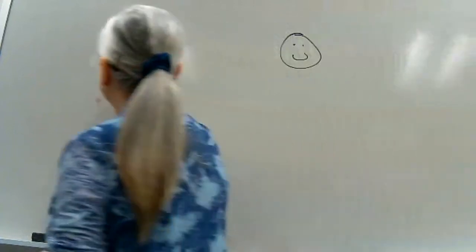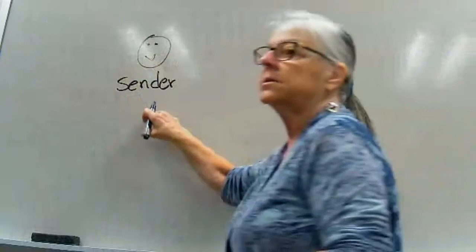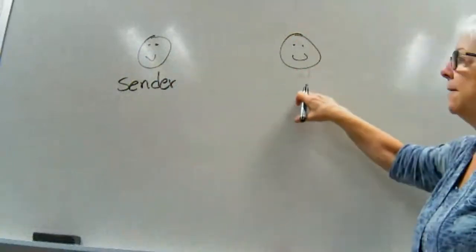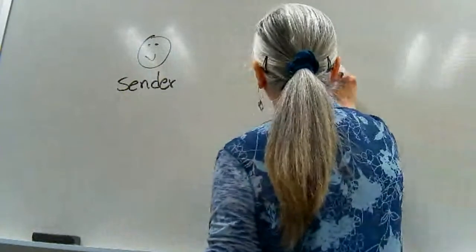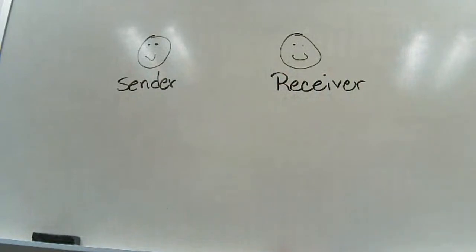And we use that by using the word sender, because somebody's going to have a message that they want to send. That means that it's going to be received. So this is our receiver. All right? Pretty elementary, I know, but just deal with me, because this is the language that we use.